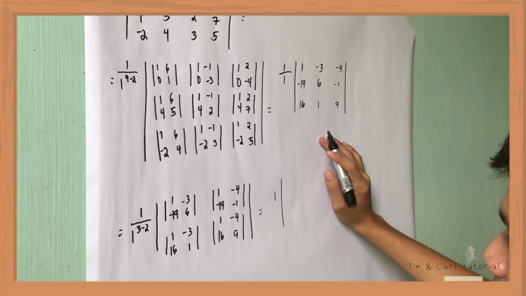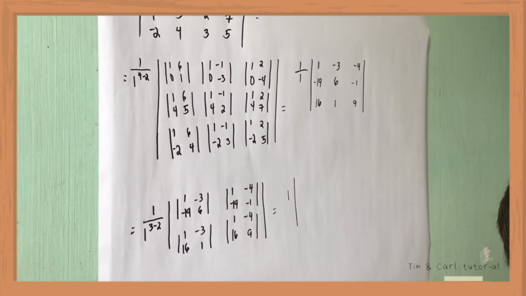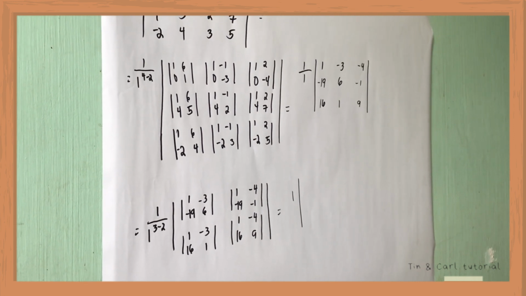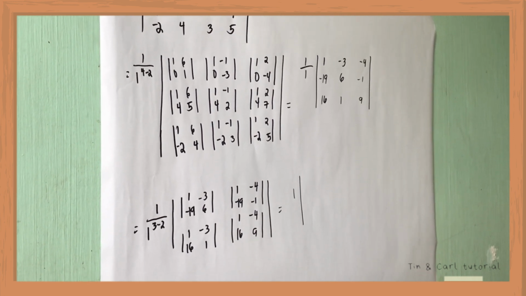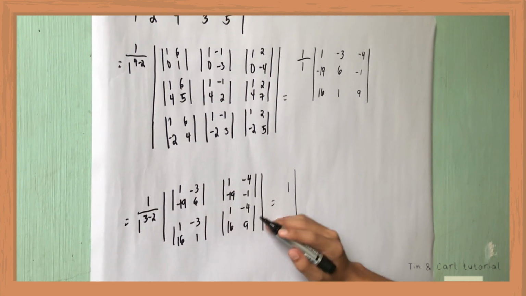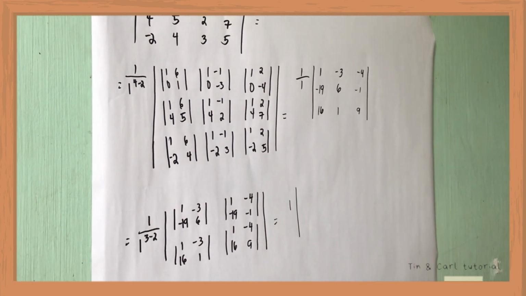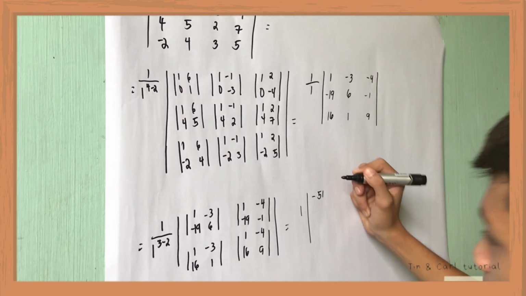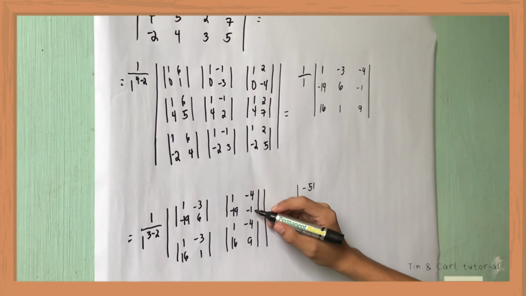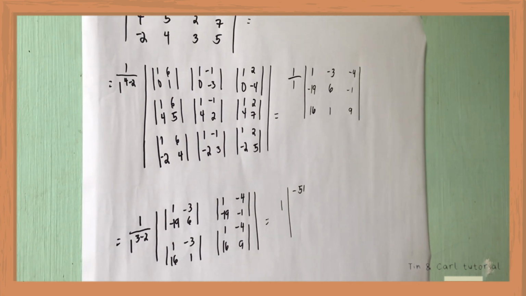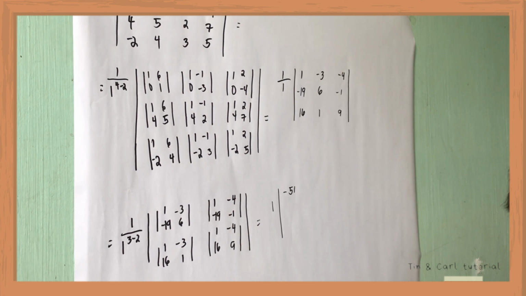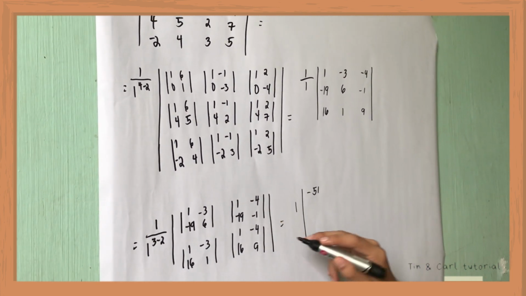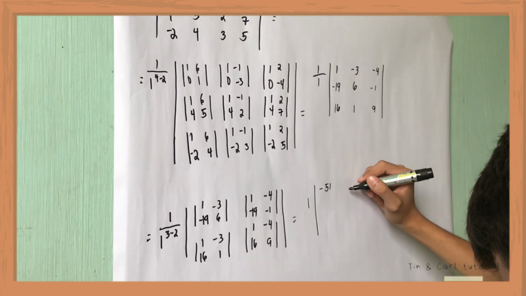6 multiplied by 1 is 6. 19 multiplied by 3 is... Kalkulahin natin. 19 multiplied by 3. 57. So, magiging positive to. Magiging 57. 6 minus 57 is negative 51. And negative 1 multiplied by 1 is negative 1. 19 multiplied by 4 is 76. Negative 1 minus 76 is negative 77.